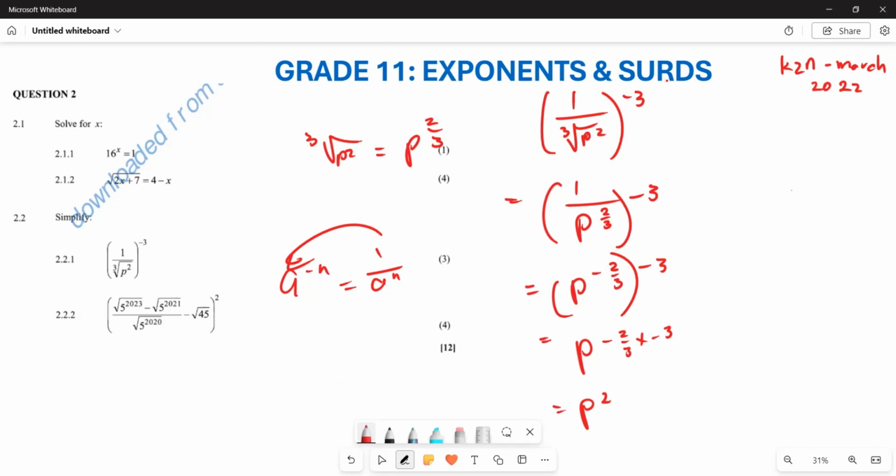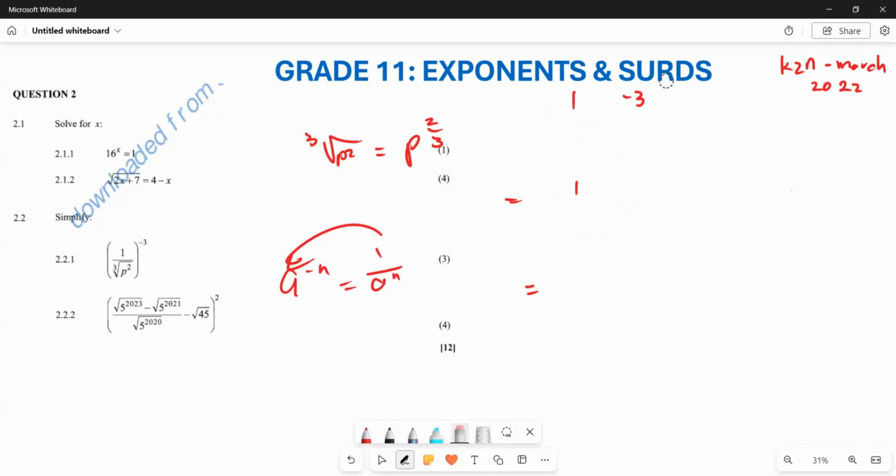Now, let's look at the last question. You are given the root of 5 to the power of 2023, subtract root 5 to the power of 2021, close bracket.